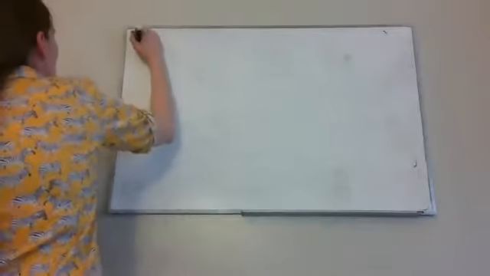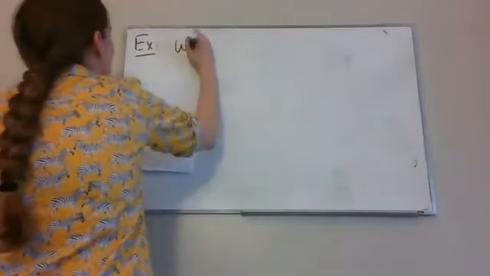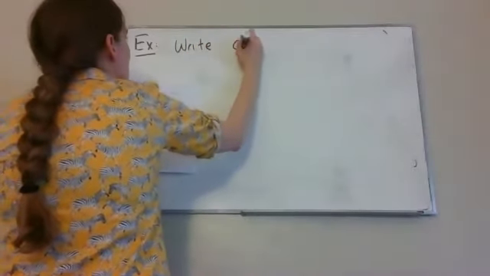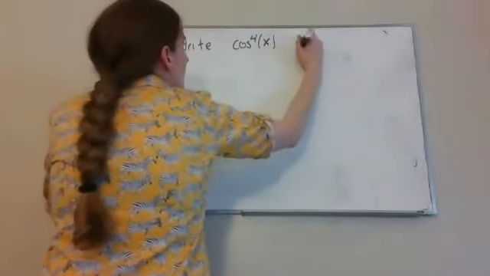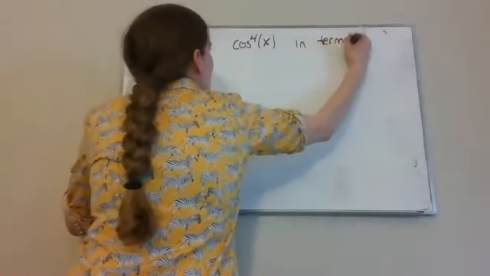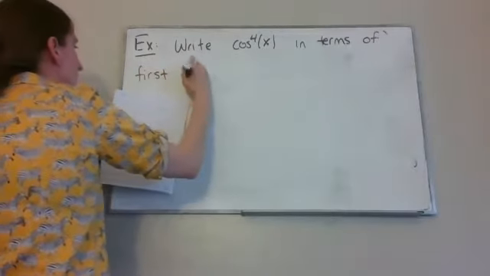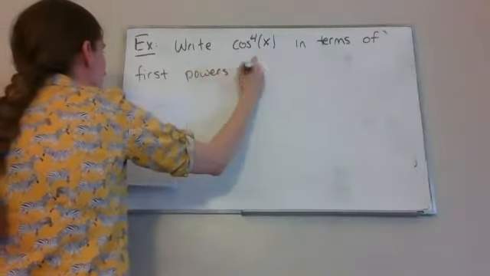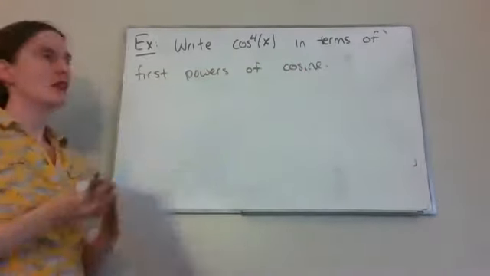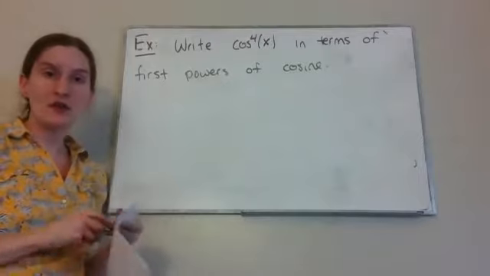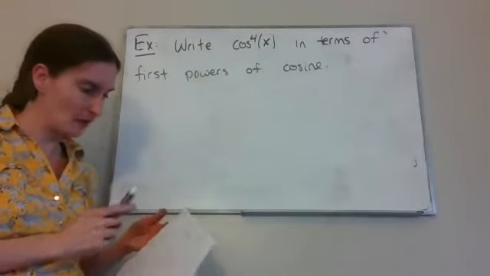An example using power-reducing formulas. Let's write cosine to the 4th power of x just in terms of first powers of cosine. So I want to rewrite cosine to the 4th so that I only have cosines and there's no powers on my cosine.